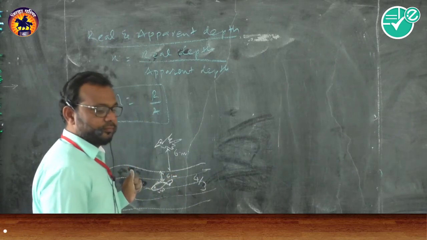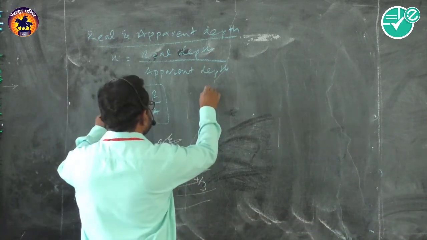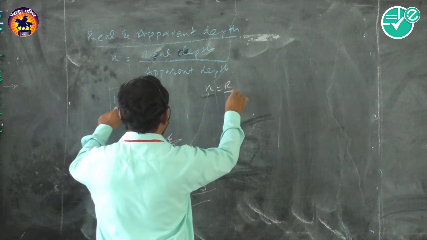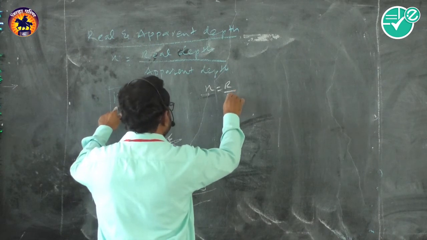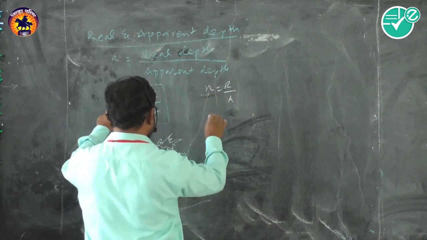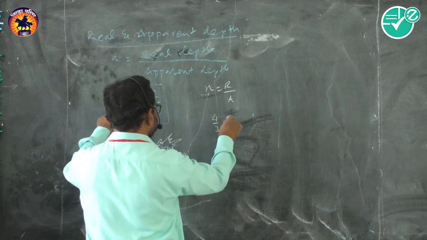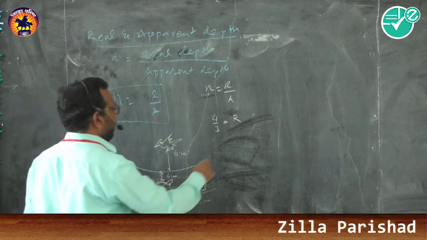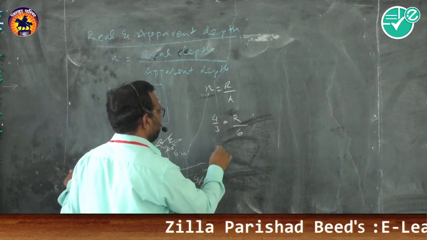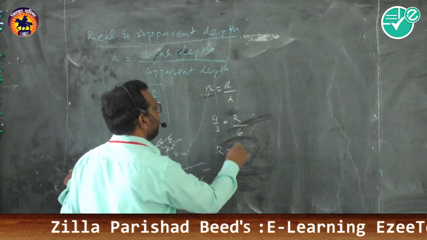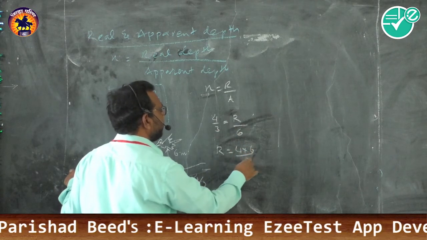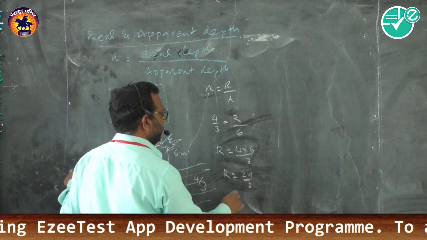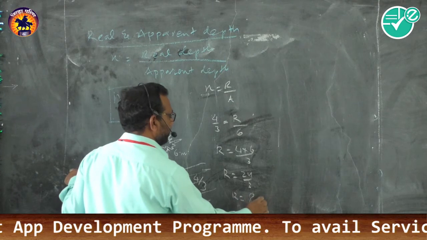According to this formula, n is equal to R upon A, where n is the refractive index 4 by 3, and we have to calculate the real depth of this fish, and apparently it is looking like 6 centimeters. So R is equal to 4 into 6 divided by 3. R is equal to 24 divided by 3. R is equal to 8 centimeters.